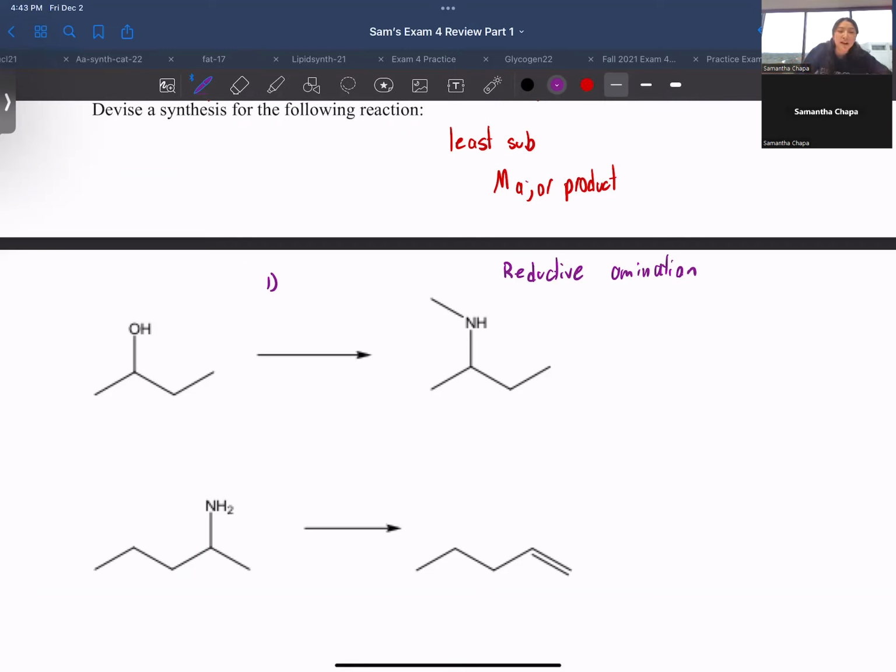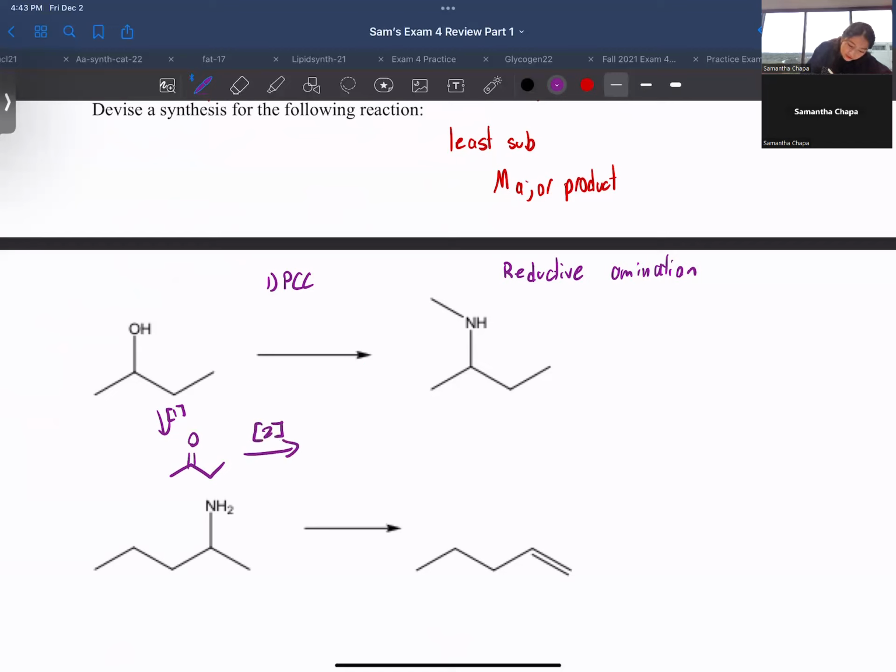So for my first reaction, I know that it's kind of like when I'm doing amines and imines. So that reaction is gonna have to go first. So I'm gonna make my carbonyl using PCC. So first reaction, it's gonna make a carbonyl.